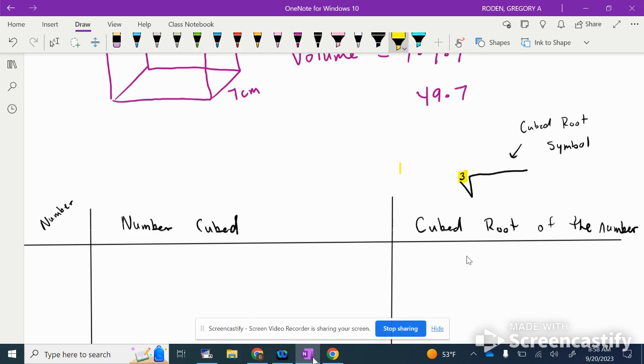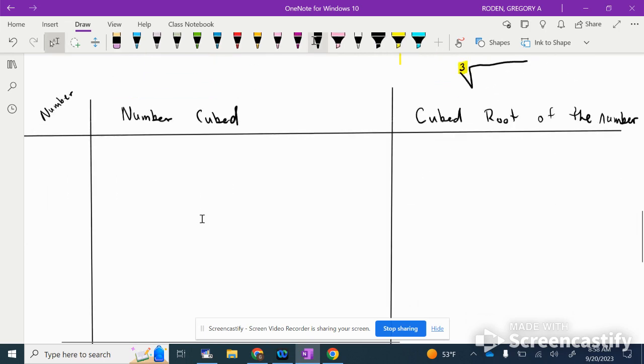Now, I don't think we're going to go super far. I think we'll just go up to 10. So in our cube root chart, let's make those numbers.